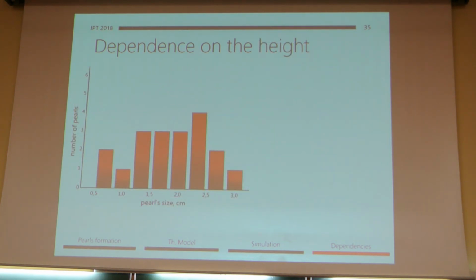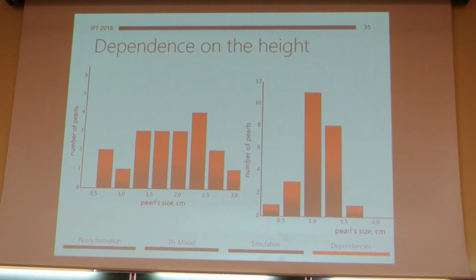And there is a very interesting dependence on height. If we raise the height from which we eject the egg white into the oil, at lower heights the distribution will be very smooth, but at a very large height this distribution will have a very prominent peak. I think it's interesting.